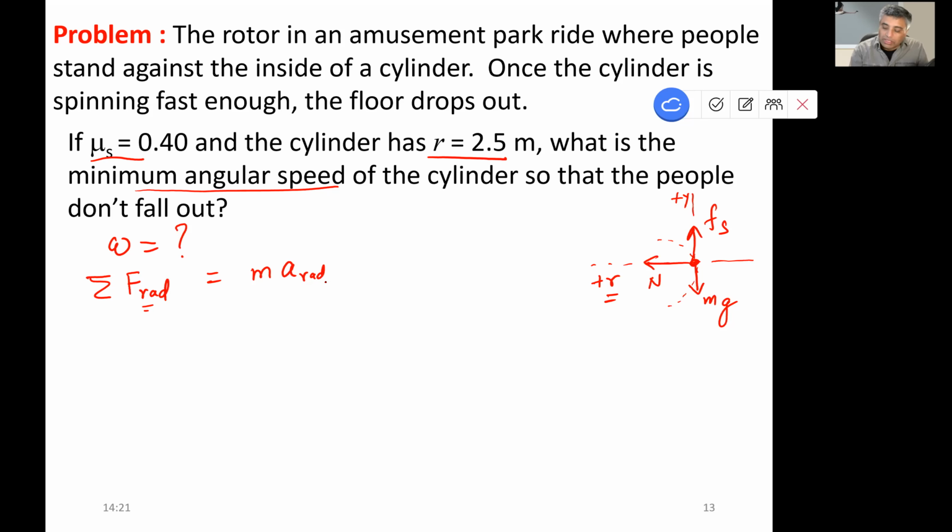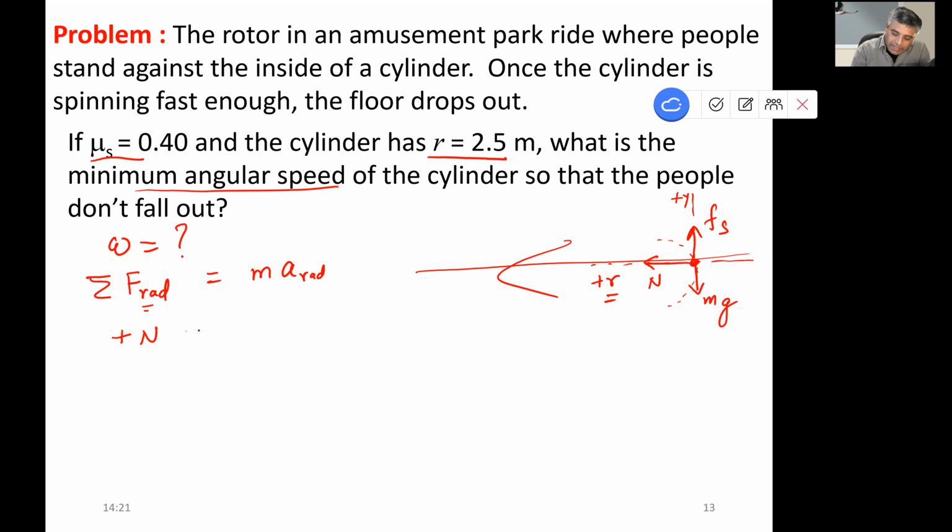So how many forces are acting towards the radial direction? And what is that? And what's the sign? Towards the radial direction means in this direction, how many forces are acting? Just one, that's right, and that's the normal force. And what would be the sign, positive or negative?